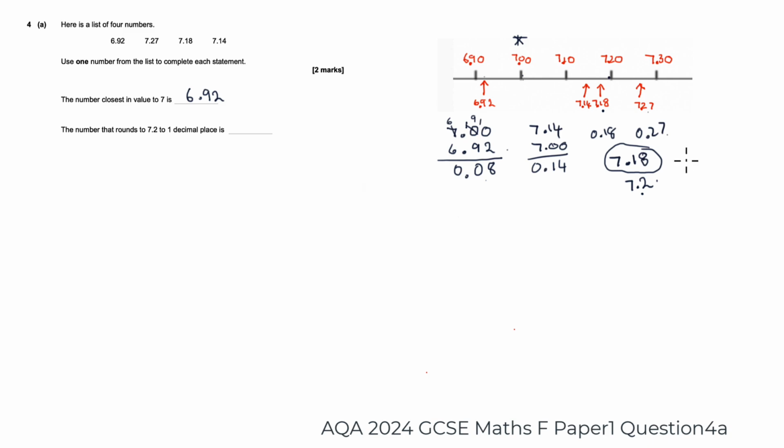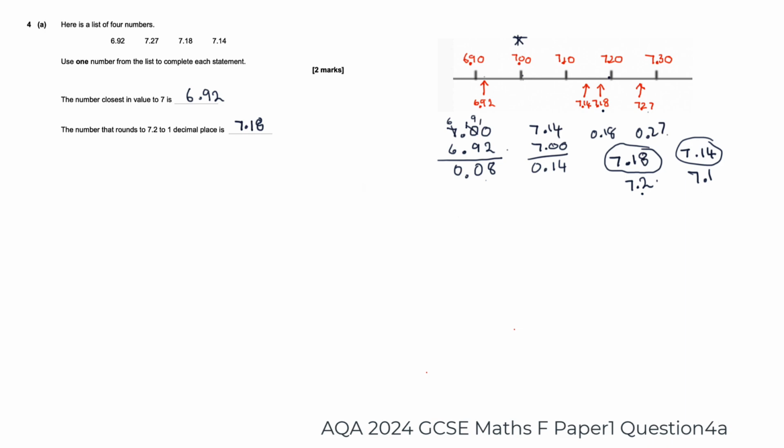If we look at 7.14, this 4 is less than a 5, so it would round to 7.1, not 7.2. And this would round to 7.3. This one would round to 6.9. So the number is 7.18.